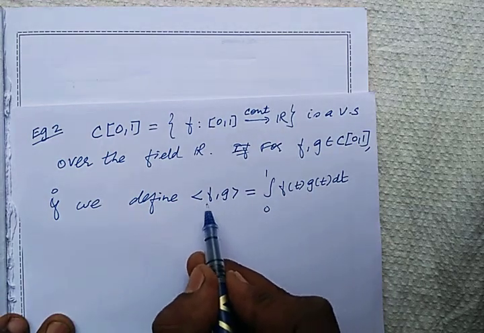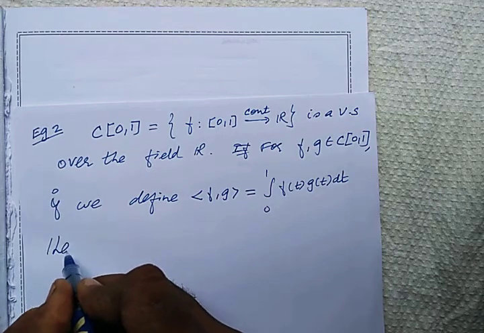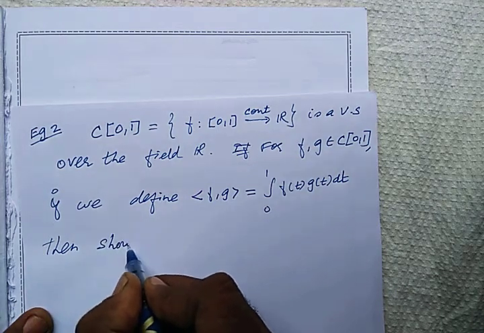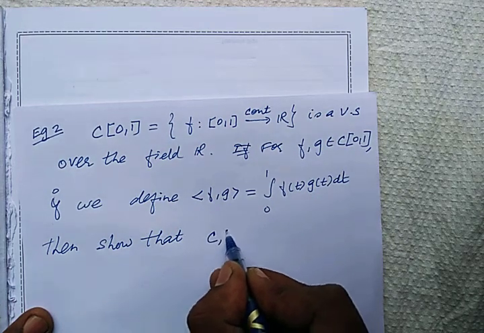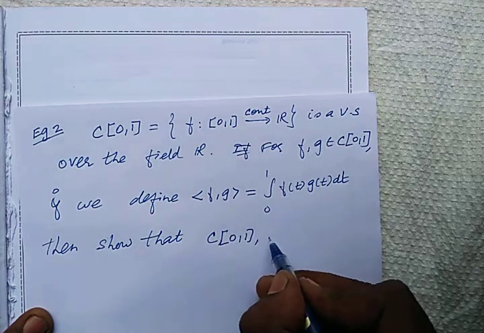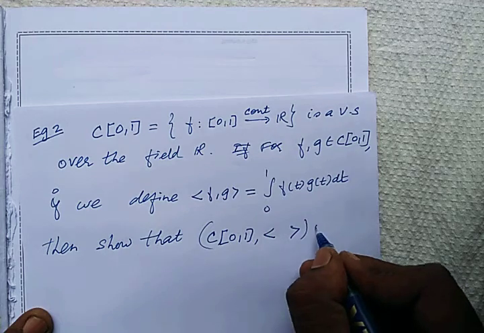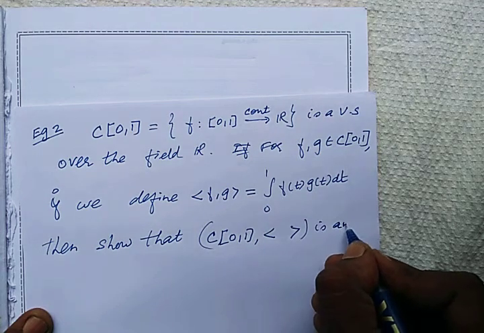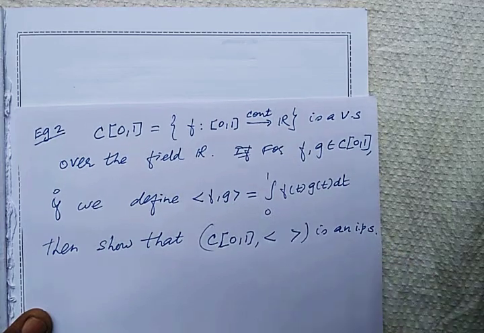If we define the inner product like this, then show that this vector space together with this inner product is an inner product space.